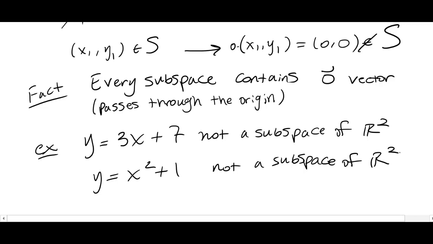So that's a good way to check if something is not a subspace. But there are things that do contain 0 and are still not subspaces, right? So that's not sufficient. You do have to check both vector addition and scalar multiplication completely.